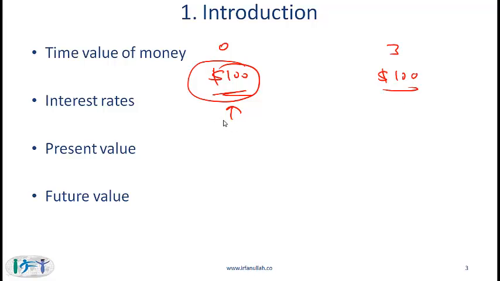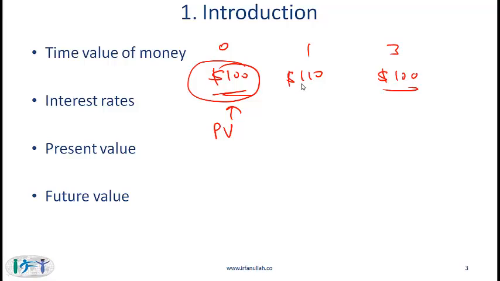The money today, or the value today, is called the present value. At times this could be an investment which you make at time 0. The value at a future point in time is called the future value. Let us say that you are indifferent between $100 today versus $110 after 1 year.